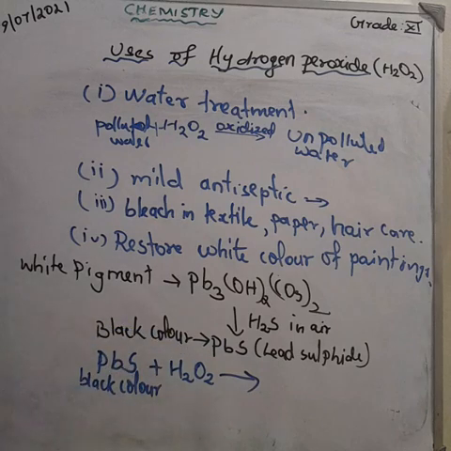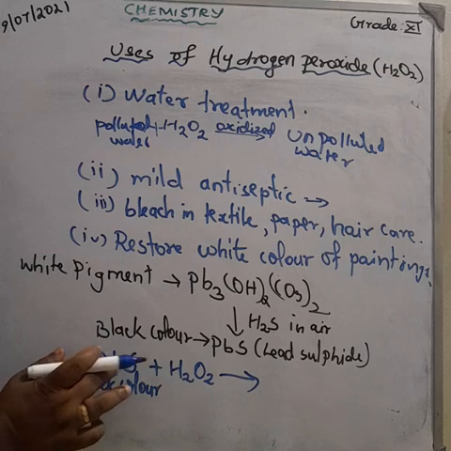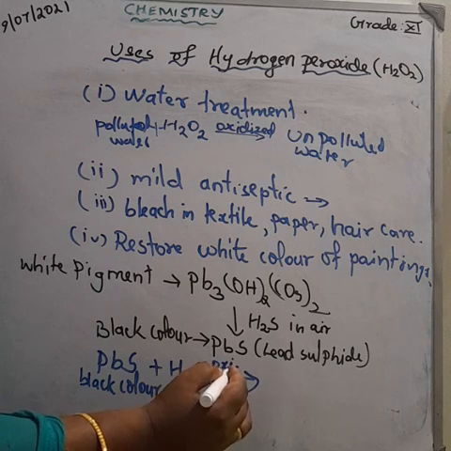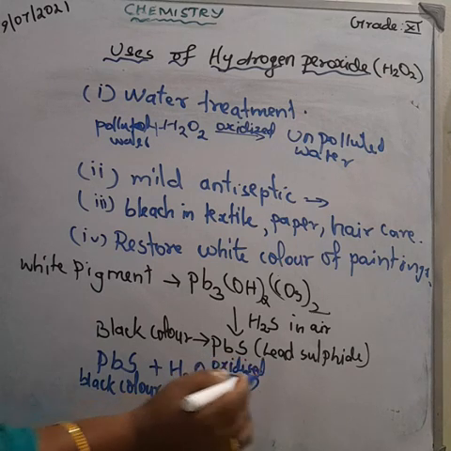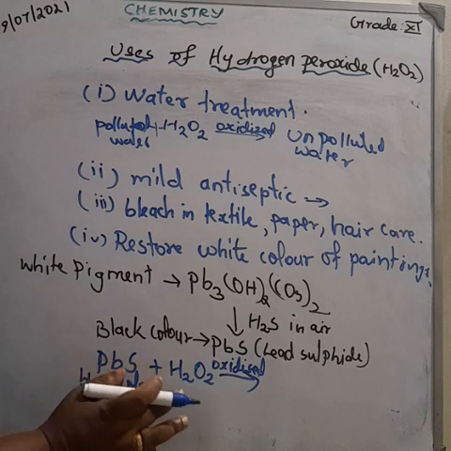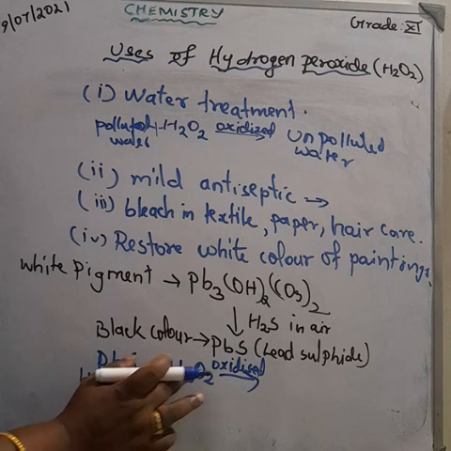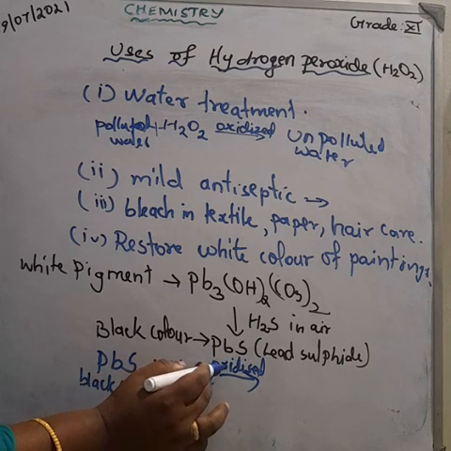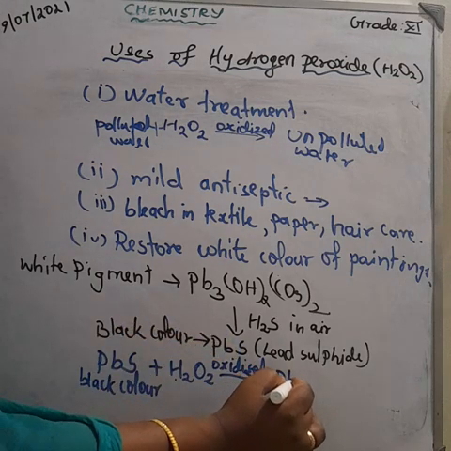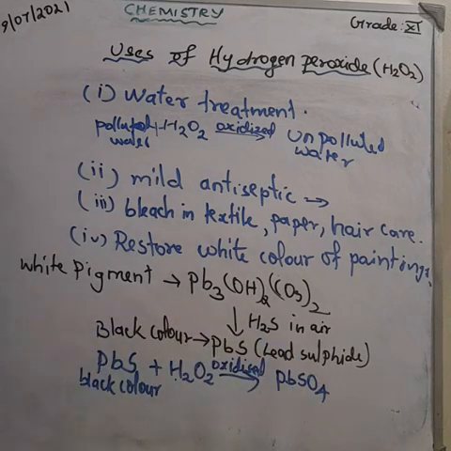When we use hydrogen peroxide, H2O2, in paint, it oxidizes this lead sulfide to lead sulfate. Lead sulfide is PbS, and lead sulfate is PbSO4.